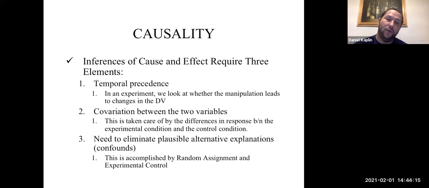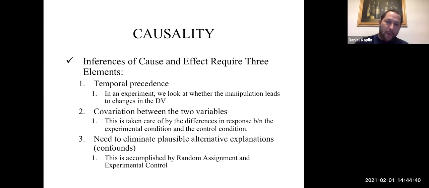So causality, we talked about this already, but in order for the experiment to have cause and effect relationships, you need temporal precedence. The independent variable must precede the dependent variable. The cause must precede the effect. So before you introduce your independent variable, there should be no differences between the groups.